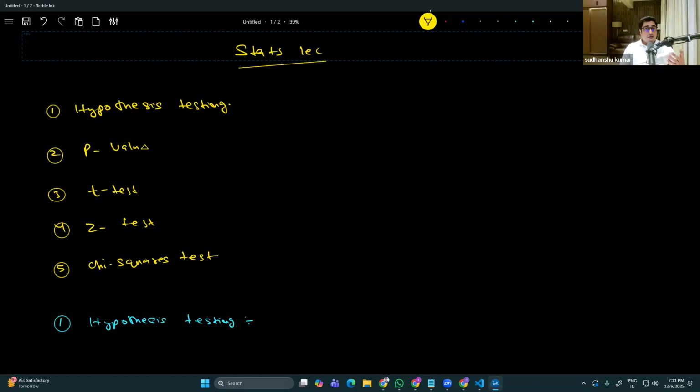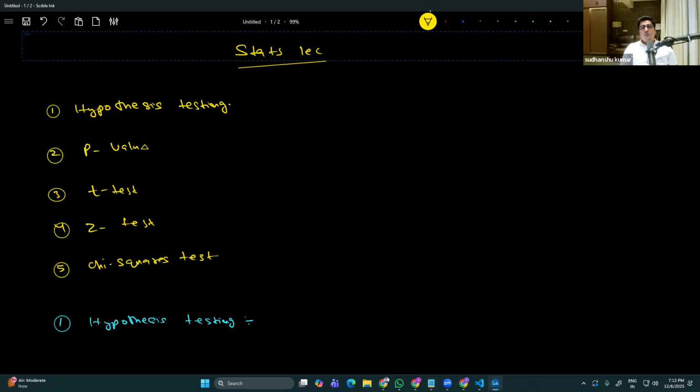Similarly, in a court proceeding, we say that you are guilty, and then the opposition will try to prove, disprove, or fail to prove it. In that case, we can say that the particular person is guilty or that the particular person is not guilty. So everywhere you will see that based on the evidence, we try to take a decision.